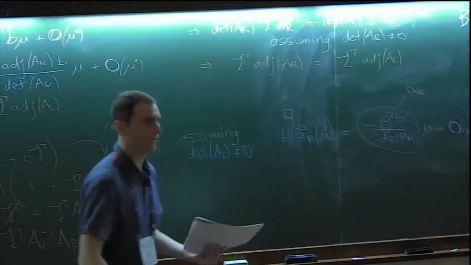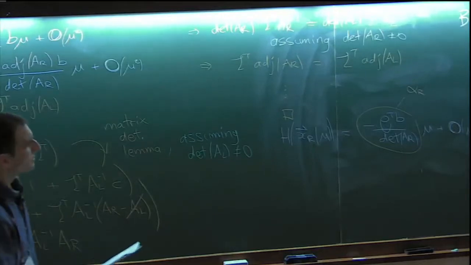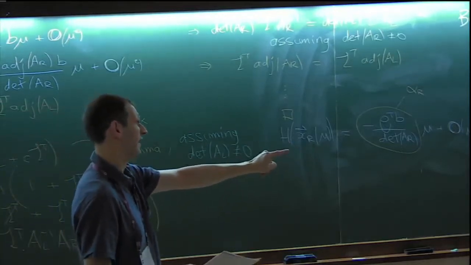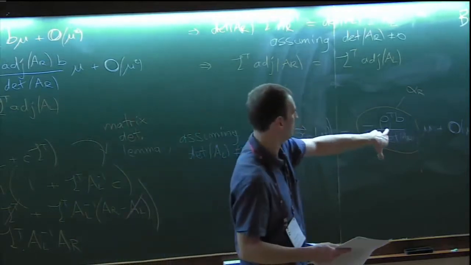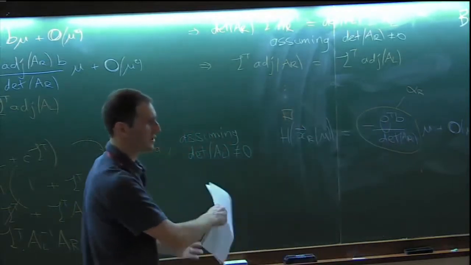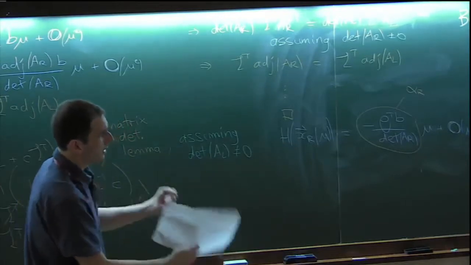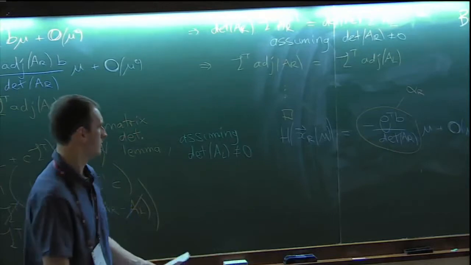Okay, so I'll call this number alpha R. And so the signs of alpha L and alpha R, whether those are positive or negative, that determines which sign of mu the equilibria are admissible or virtual.